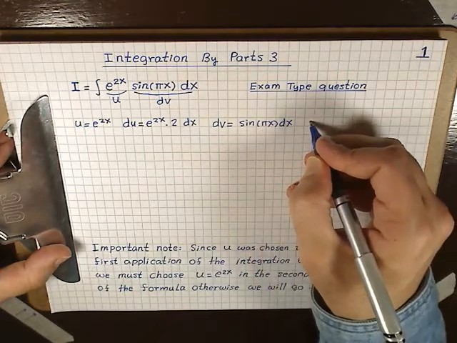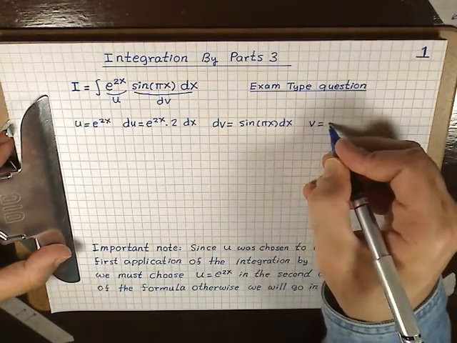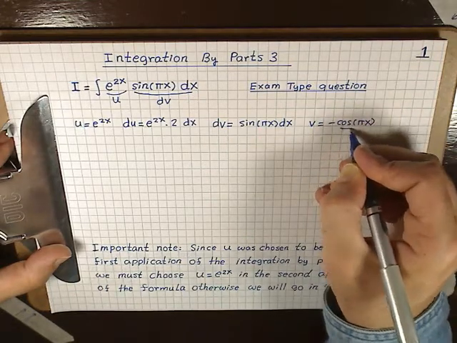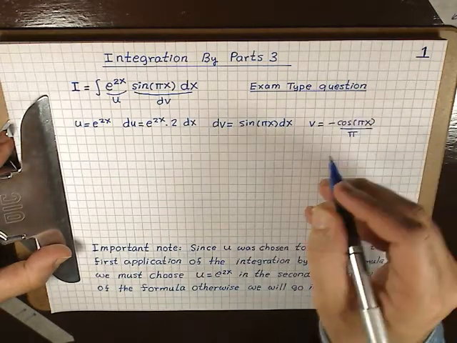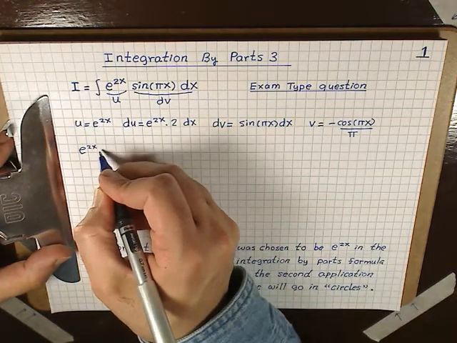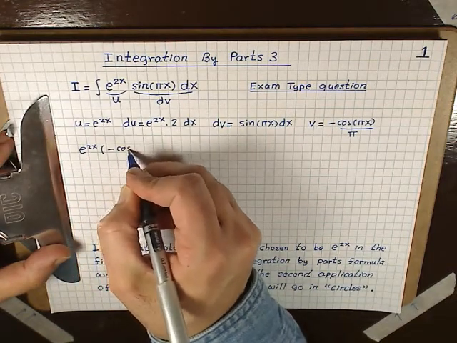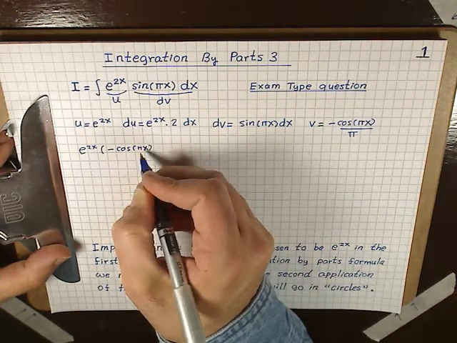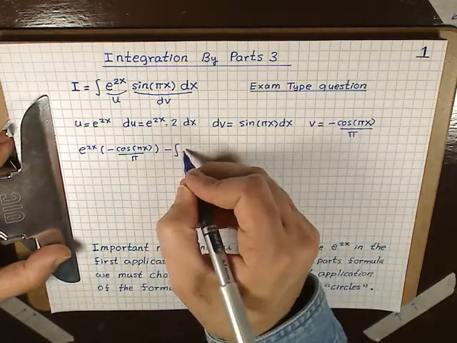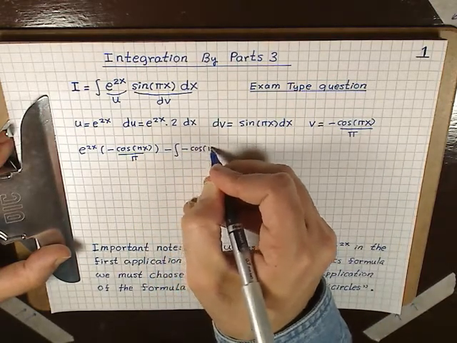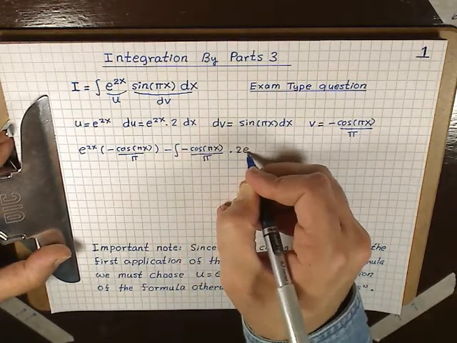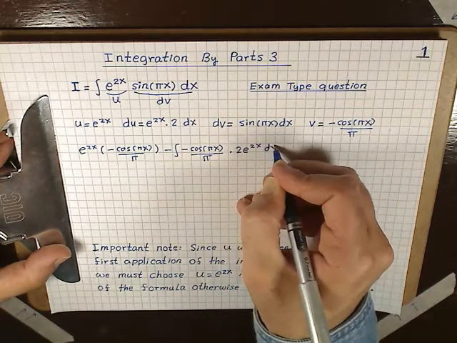Integrate both sides. We get v is equal to negative cos of pi x divided by pi, because of the chain rule. Apply the formula: u times v, that's e to the 2x times negative cos pi x divided by pi, minus the integral of v, that's negative cos pi x over pi, times du, that's 2 e to the 2x dx.